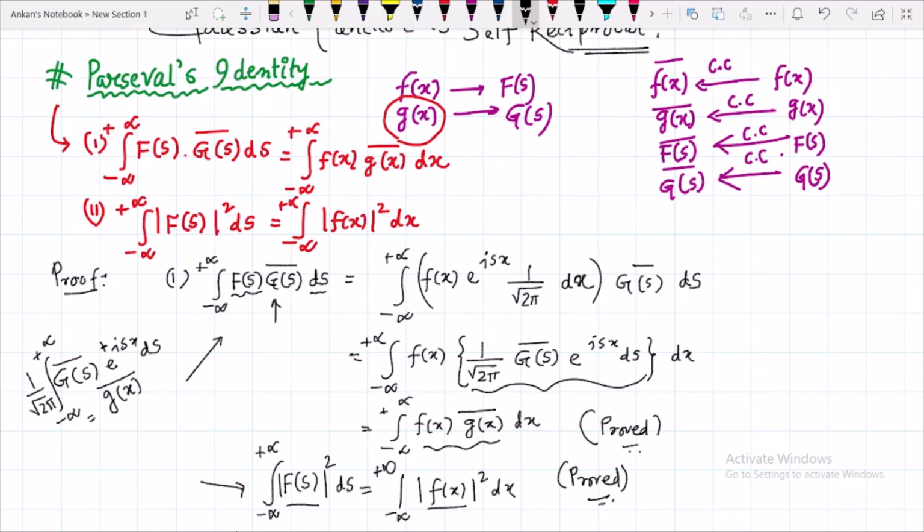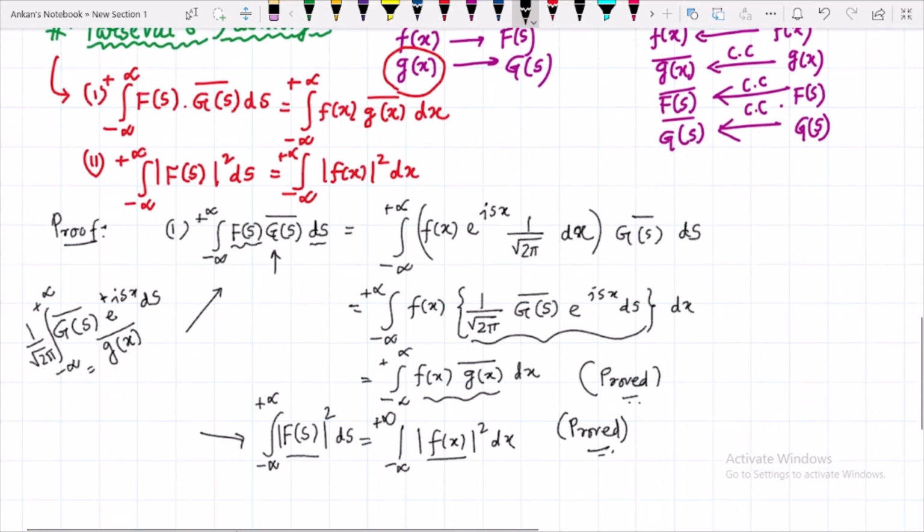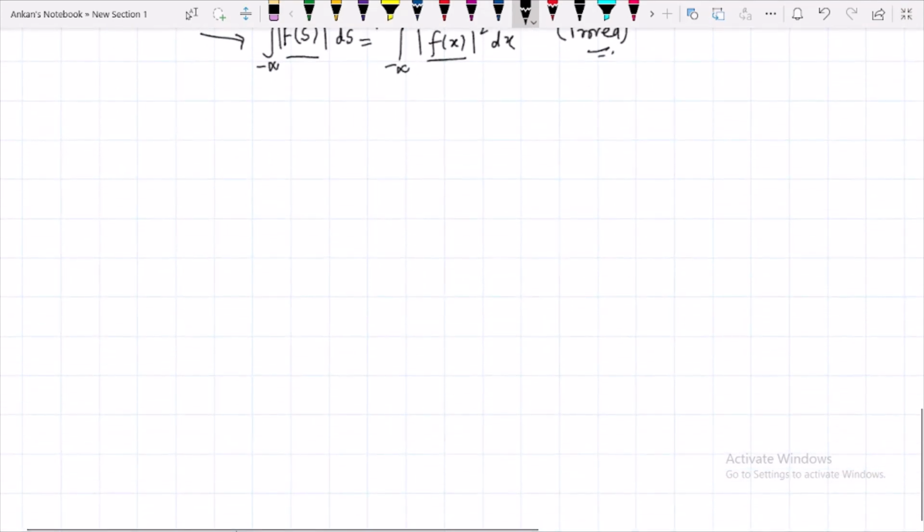Now I want to show you some of the properties of the Fourier transform to serve our purpose. The first property of the Fourier transform: not all the properties are necessary for us to know. I want to solve differential equations with the help of the Fourier transform, so I have to find out some of the properties which will be helpful in solving this.